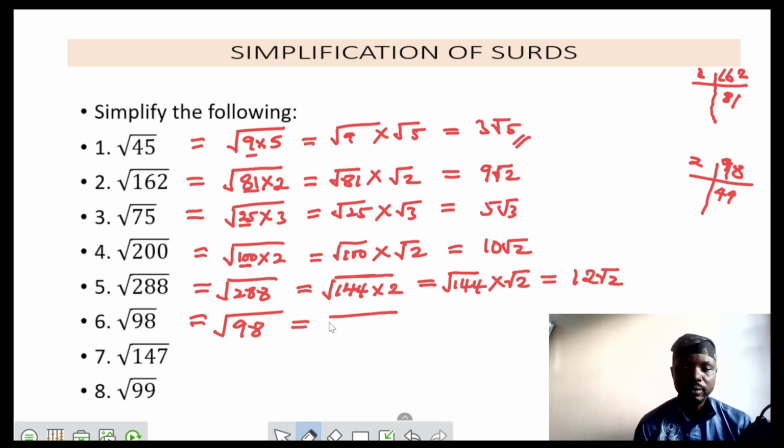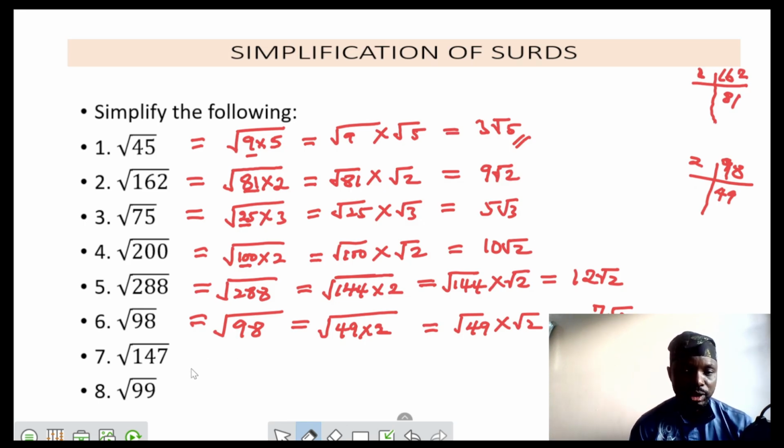So I will have 49 times 2. All you just need is to be able to identify your perfect square, and split the number into one of them that is going to give you a perfect square. So this is 7, root 49, root what? Root 2. That's one.